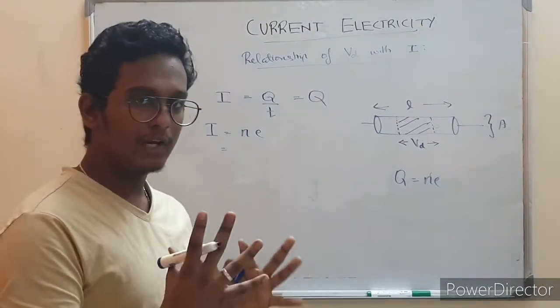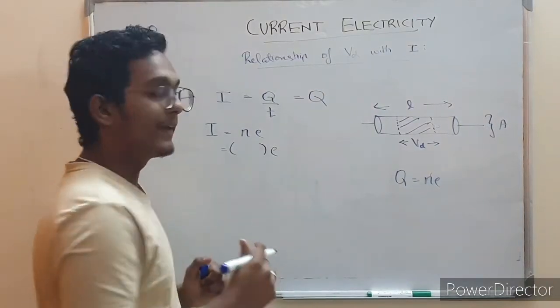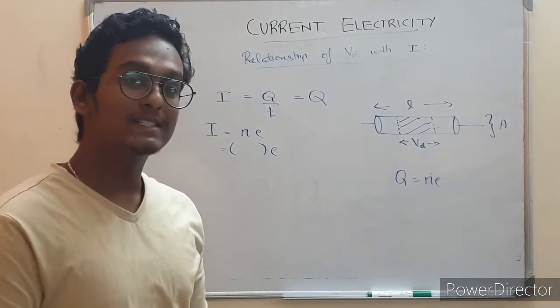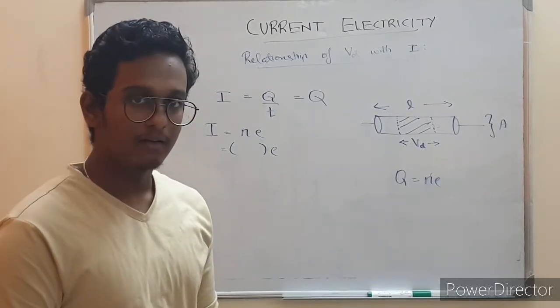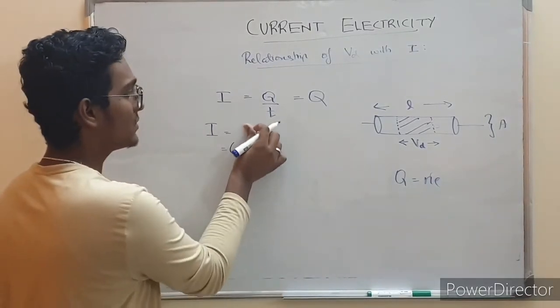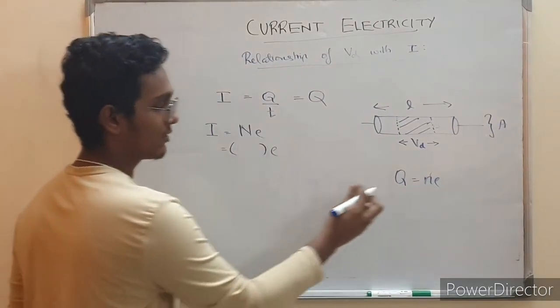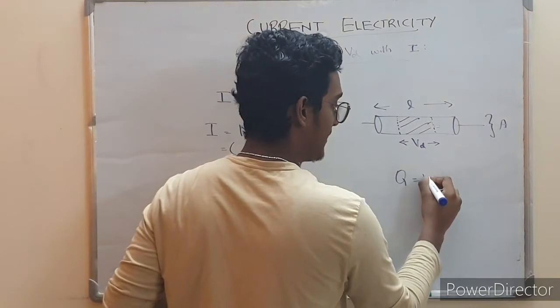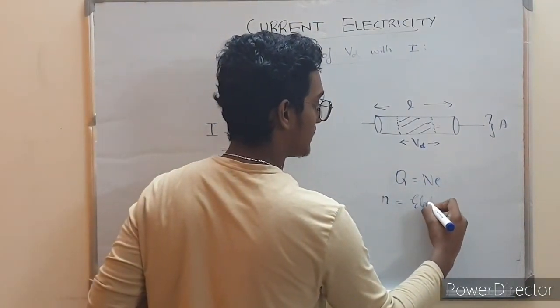So how do we find out how many electrons are present over here totally? Here we need to introduce a term known as electron density. Electron density is denoted by small n. That's why we will change this to capital N. Capital N stands for the total number of electrons, but small n is equal to electron density.